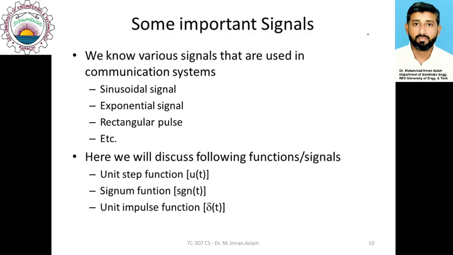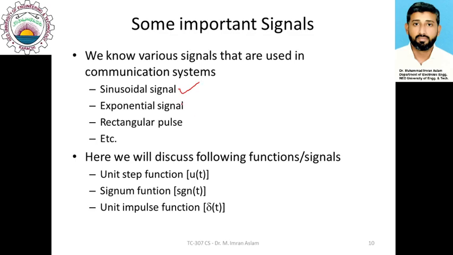Before concluding today's lecture, I want to discuss some important types of signals that are commonly used in communication systems. There are a variety of signals commonly used, and some of them we are familiar with and do not need further discussion, like the sinusoidal signal. In fact, for the last couple of lectures we have been discussing the sinusoidal signal.